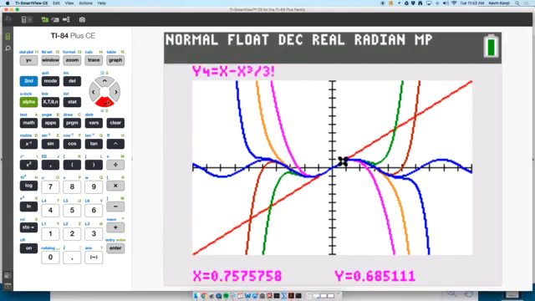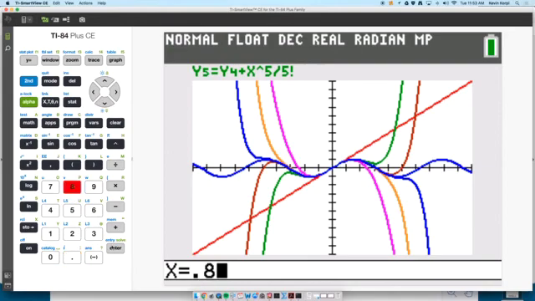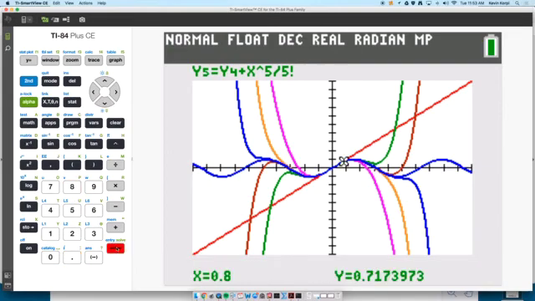If I click down again, now I'm on the cubic. If I type 0.8, I'm going to get 0.714, which is a little bit closer to what the actual sine value was. If I click down again, now I'm on the quintic. If I type in 0.8, I'm going to get a number that's even closer yet to the actual sine value.